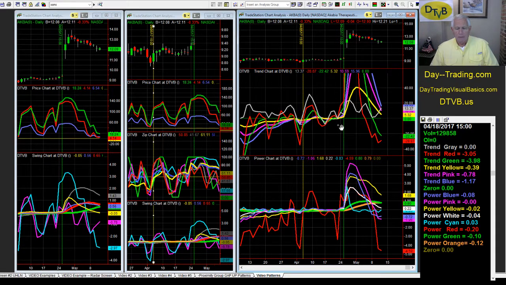Now, the thing that I want to point out is that trend red right here is at 0.26, so it's basically a down touch of 0.